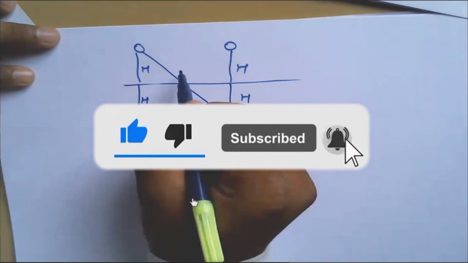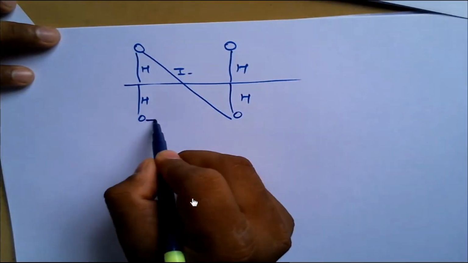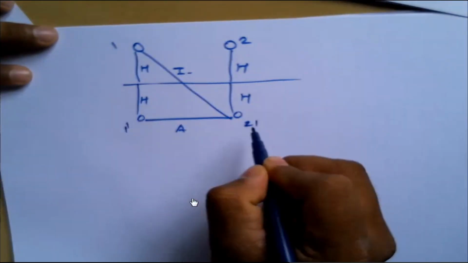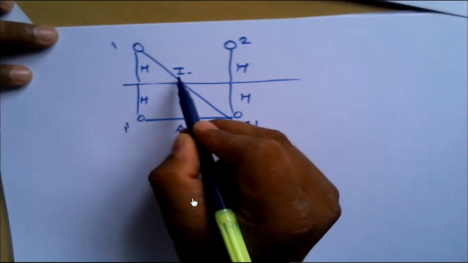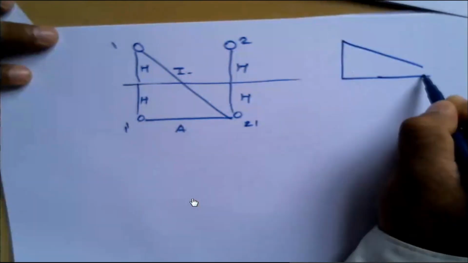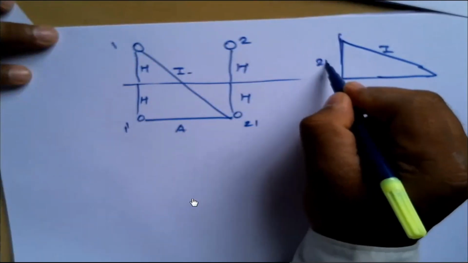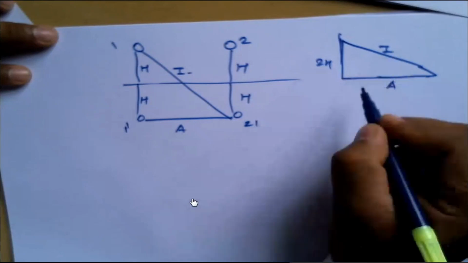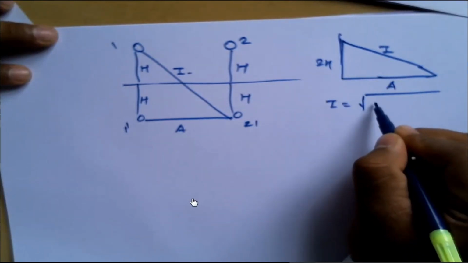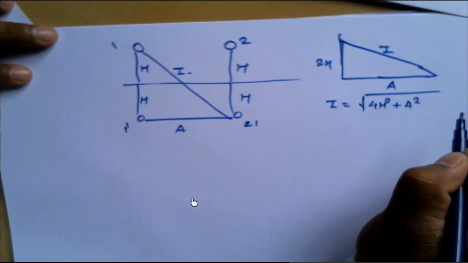This distance is I12 which will be denoted as I, this is A, बरोबर आहे, 1 2 1 dash 2 dash. So what is the value of I? जर आपण triangle consider केला, so this I, this height is 2h and this one is A, so I will be 4h square plus A square, right?